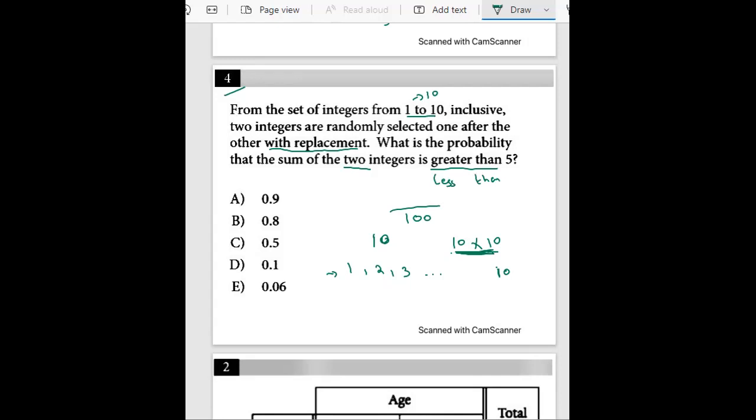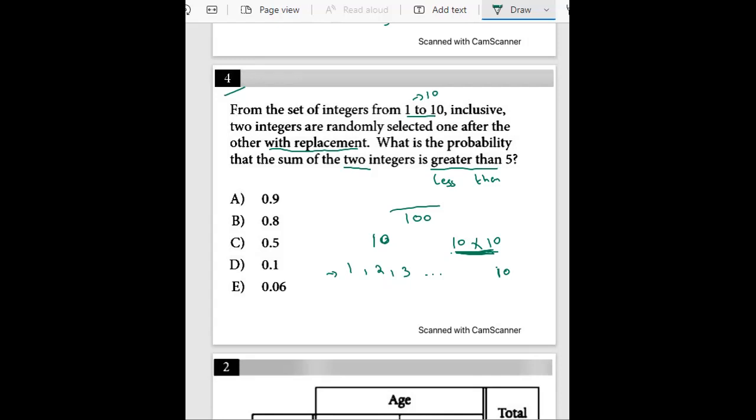Did you understand the idea? Perfect. So what is the probability that the sum of the two integers is less than 5?